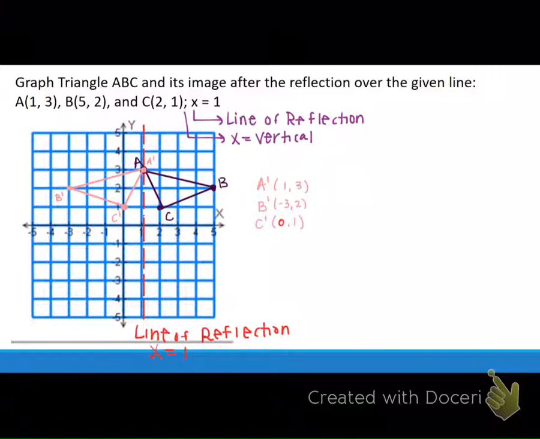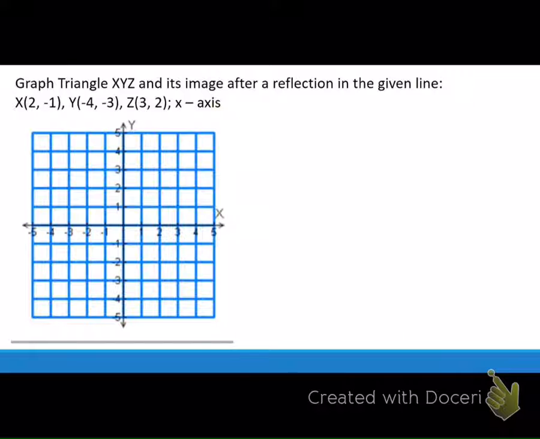All right, questions there so far before we do the next example? If we're reflecting over the x-axis, is that the right example? So I'm going to draw a line along the x-axis there.